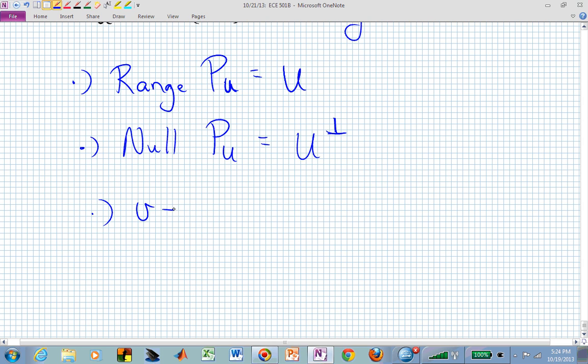We also know that if we take any vector v and take off the component that lives in U, which we've been calling w, that component is in U perp.